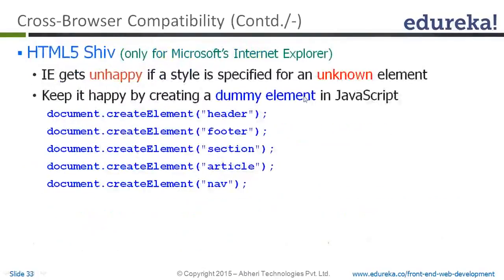So you might be wondering what it does. Basically what it does is create header, footer, section, article, nav, and these are all the tags which are defined in HTML5 natively. Since they are not supported by IE, let's say IE 5 or 6 browser, to make the IE browser happy, you are basically creating the elements to keep it. This is just like a dummy element.